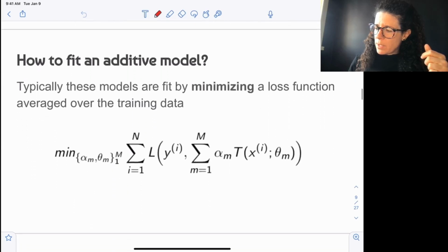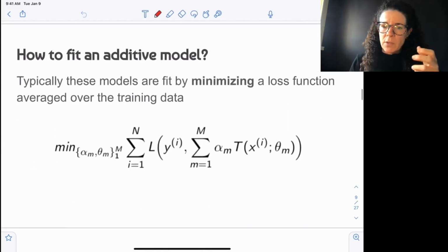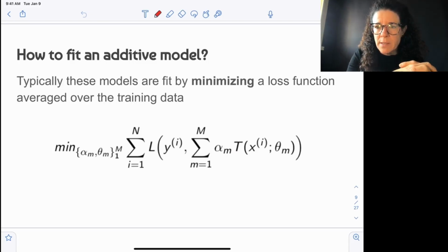So if you remember, what we wanted to do in general would be to minimize this function here, which is the average loss over the training data of the sums of trees. The issue, if you remember my previous video, is that this is a very difficult problem to solve. So the way we solve this is in stages.